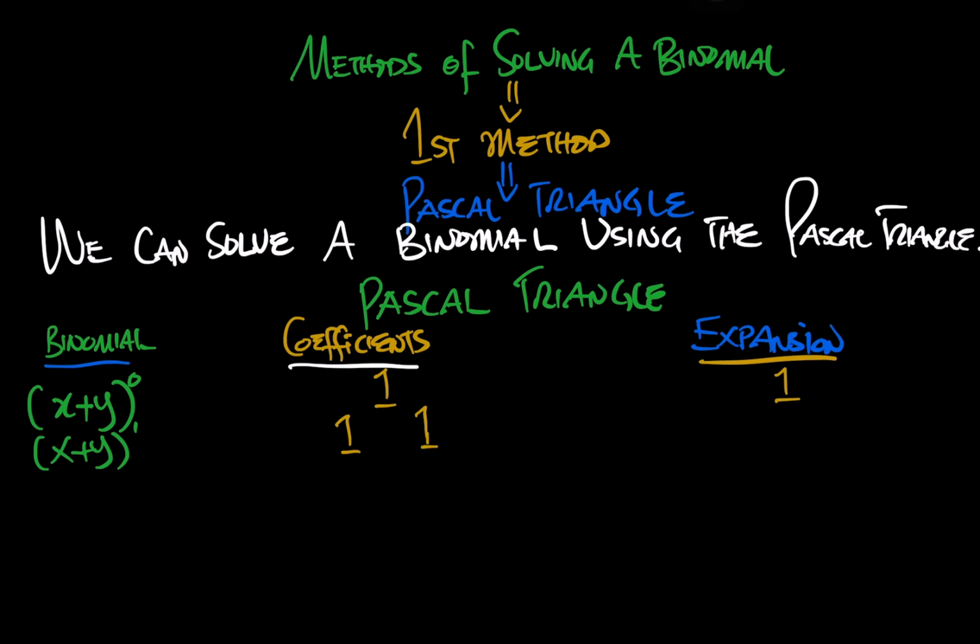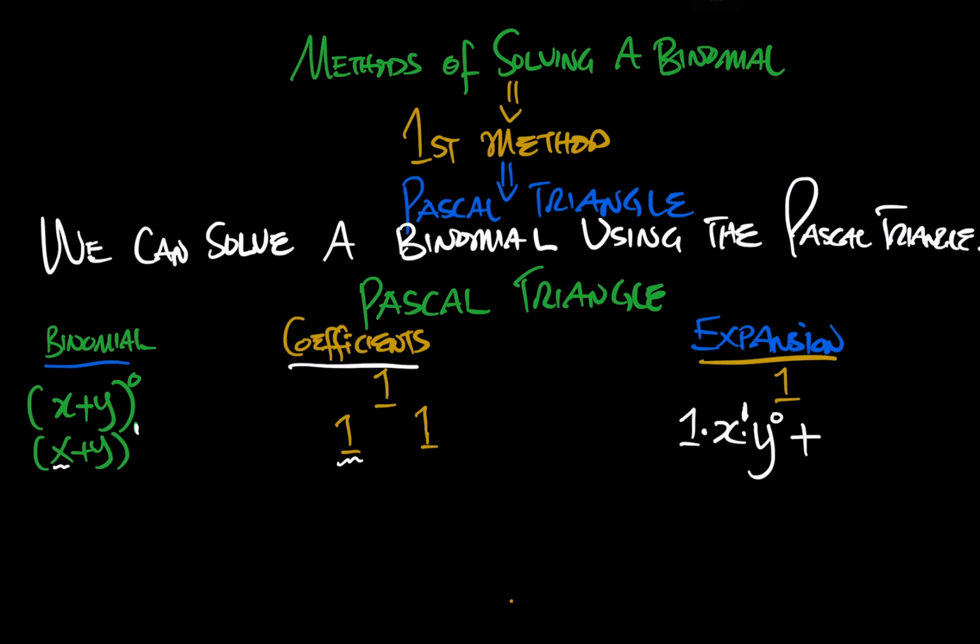And then the expansion is going to take the first coefficient, which is 1, multiplied by the first variable, which is x. Because it's the power of 1, this is going to take the highest degree, which is 1 here. And then the next variable is y, and it's going to take on 0.